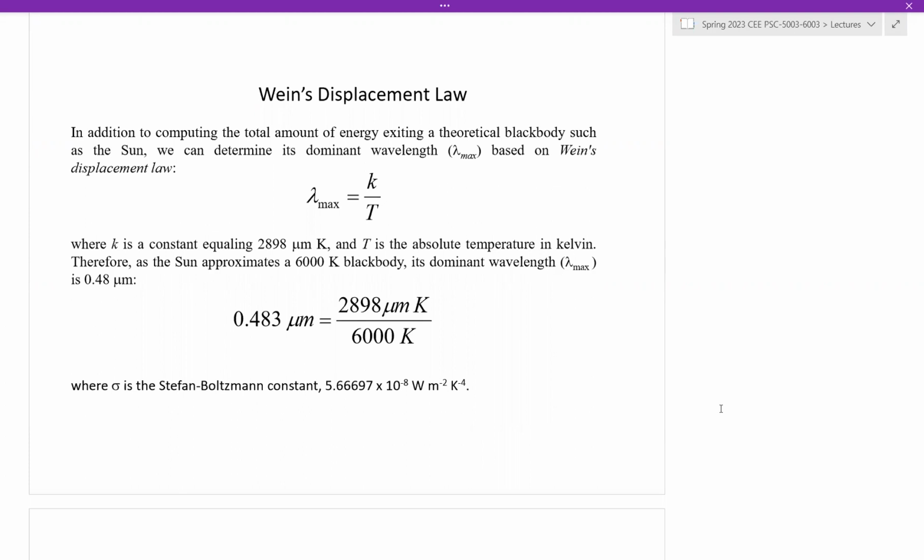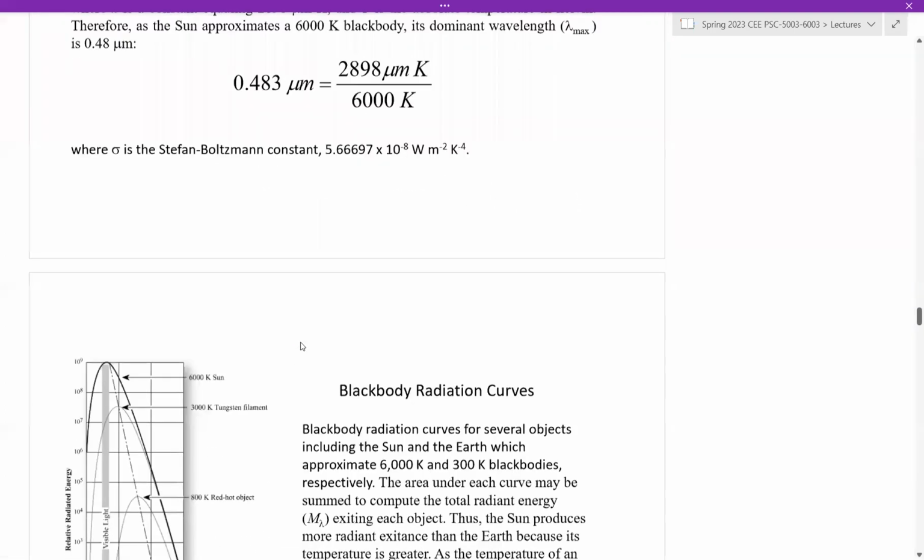So the Stefan-Boltzmann equation in a different form allows us to calculate the peak of that log normal curve. The simplification is this: we have a constant value, 2898 microns times Kelvin, divided by the temperature of the object, and that will tell us the peak of the curve generated by the source light.